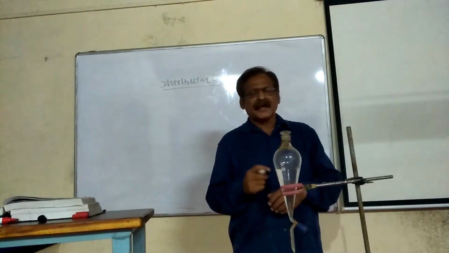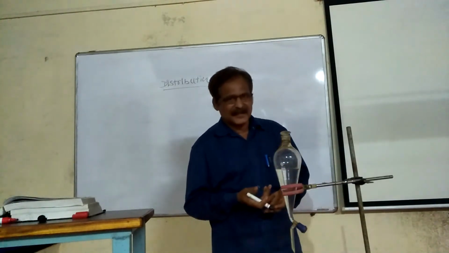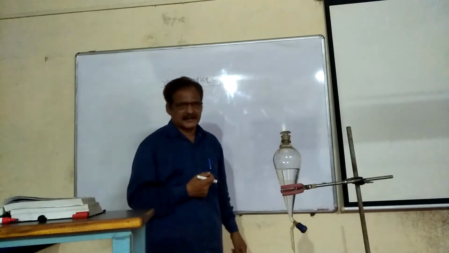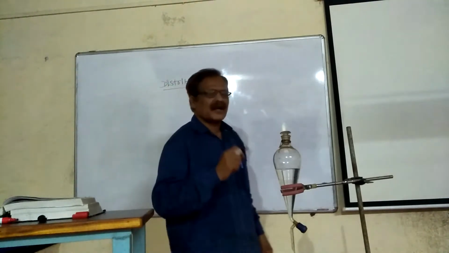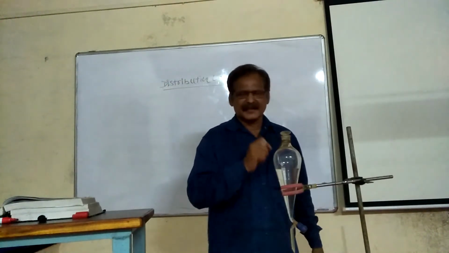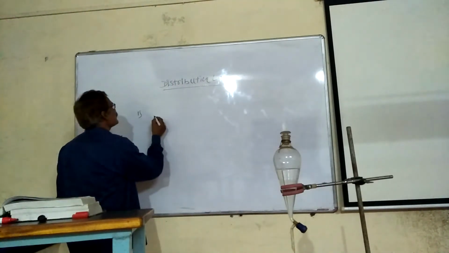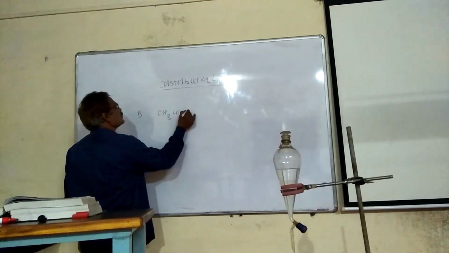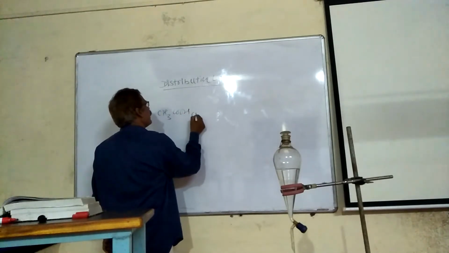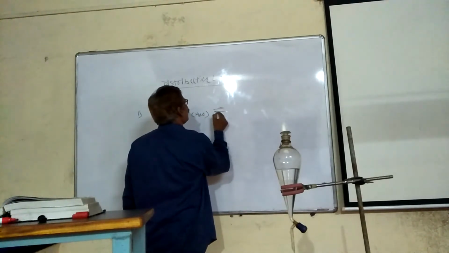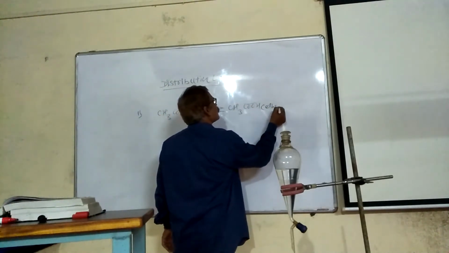On the contrary, in ether, acetic acid remains in normal state, and the equilibriums existing in this particular case we can show with the help of these two equations. The first equation, CH3COOH in H2O is in equilibrium with CH3COOH in ether.